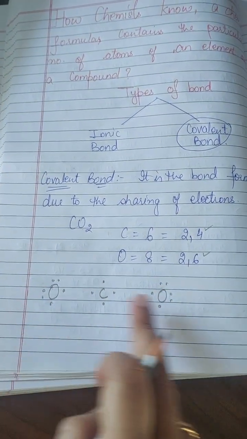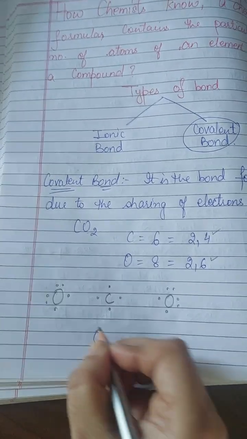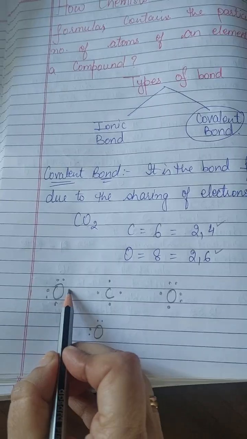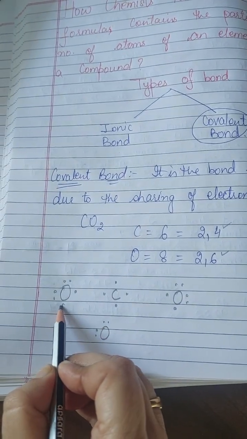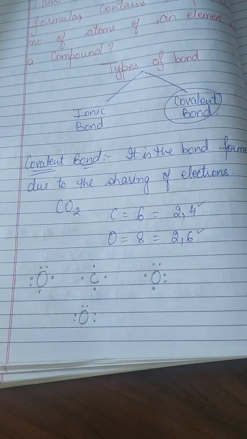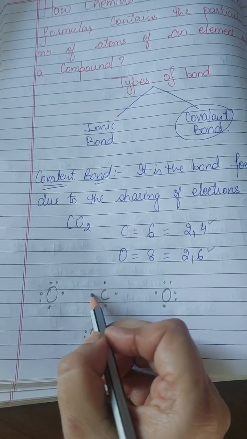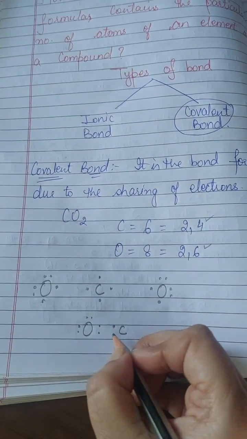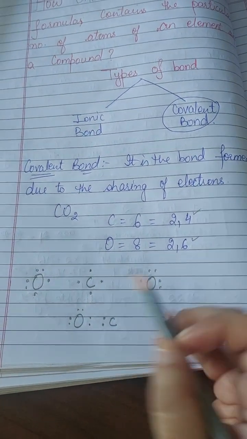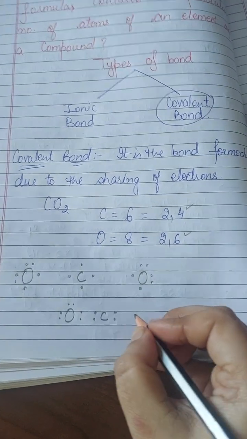Now how will these atoms share their electrons? Let's take a look. These are paired electrons. These two are unpaired electrons. Let's take these two unpaired electrons on one side. Similarly, for carbon, we write its unpaired electrons on one side.